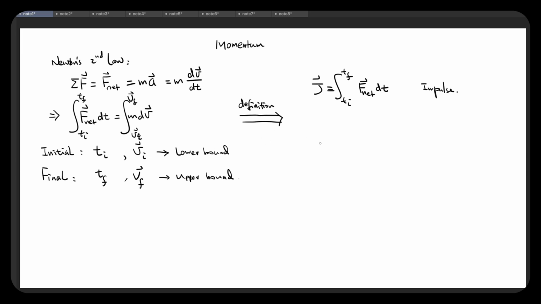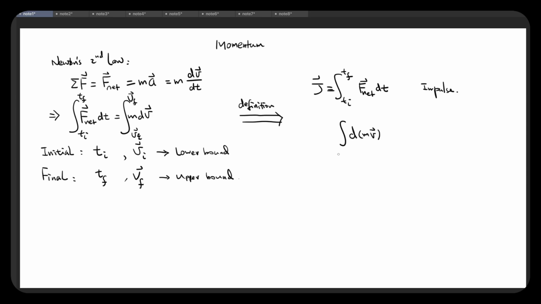And the right side, let's rewrite that a little bit. Let's assume that the mass here is a constant, so we can absorb the mass into the integral as the derivative.